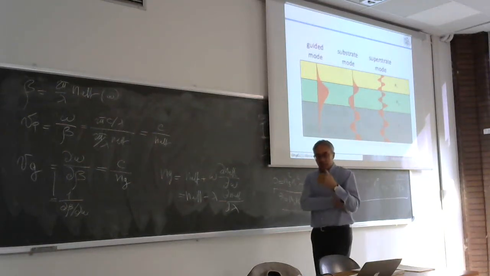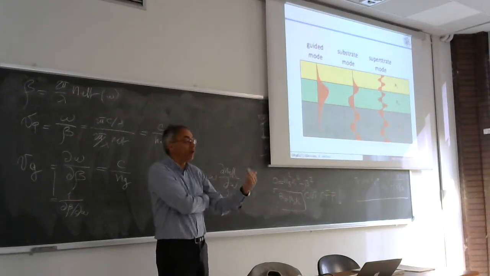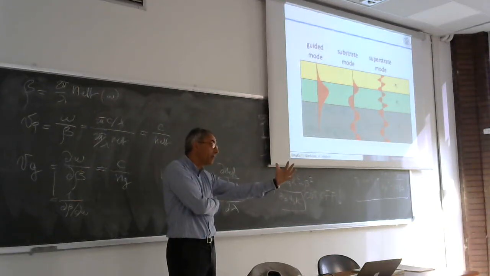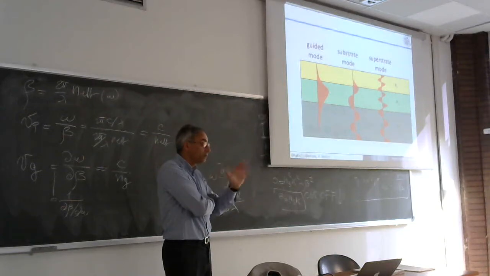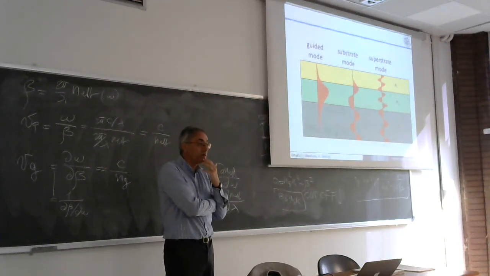So there is the phase velocity, there is the group velocity, there is the velocity of the energy, the velocity of the front of the pulse, of the trailing edge or the leading edge of the pulse. Everyone tried to give an explanation.